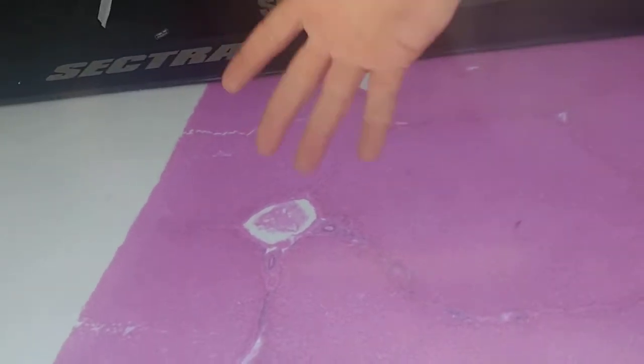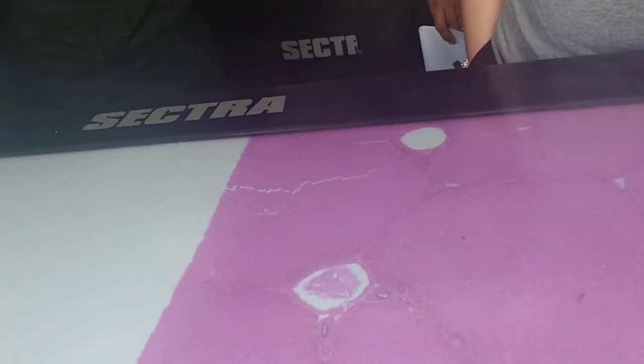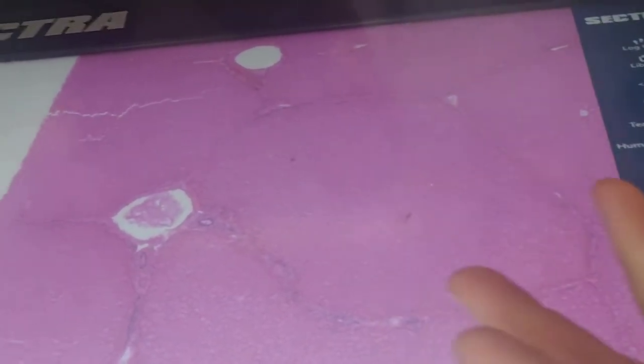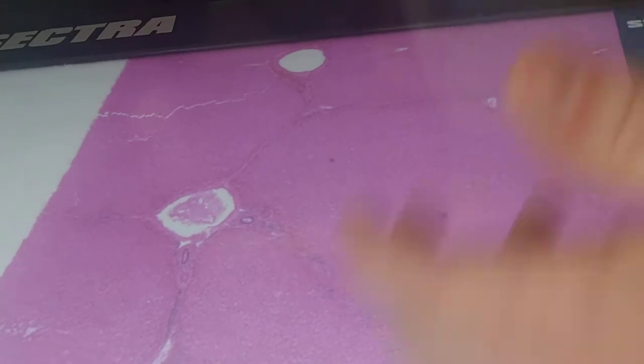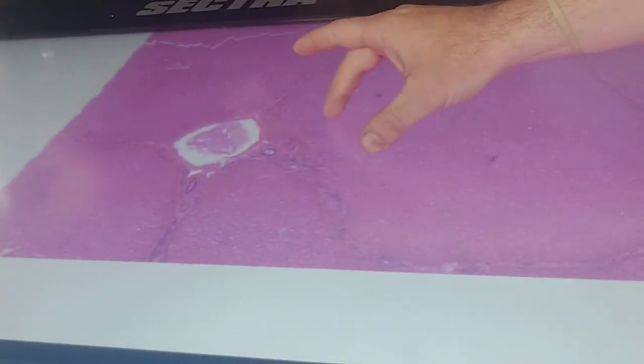This is one of those larger ones that's going to be leaving a segment going into the vena cava. So this guy would eventually feed into that guy, which is then going to feed into the hepatic veins and into the inferior vena cava. So a lot of bidirectional flow there. Cool. But there's the lobule there.